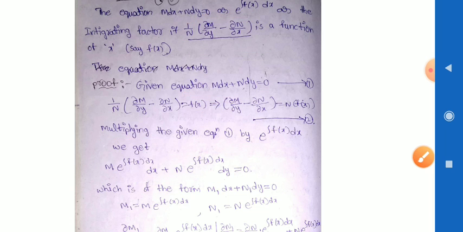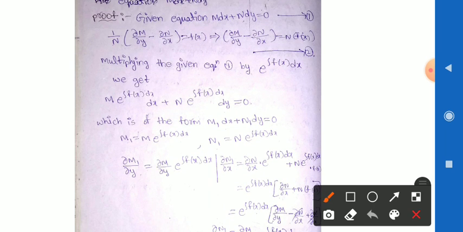Now the equation becomes M1 dx plus N1 dy equals 0, where M1 equals M times e raised to the integral of f(x) dx and N1 equals N times e raised to the integral of f(x) dx.